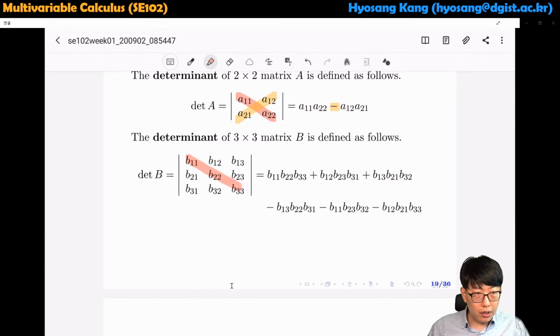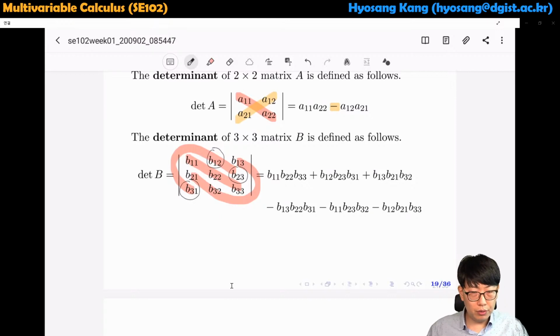First, you take all the diagonal entries, three consecutive entries. The way you get the consecutive three diagonal entries is this. First you take the diagonal b11, b22, b33, and then you take another diagonal, b12, b23, and then you go back to b31.